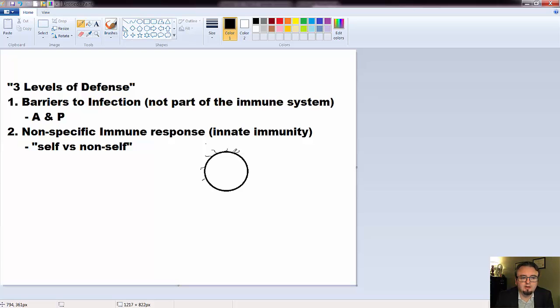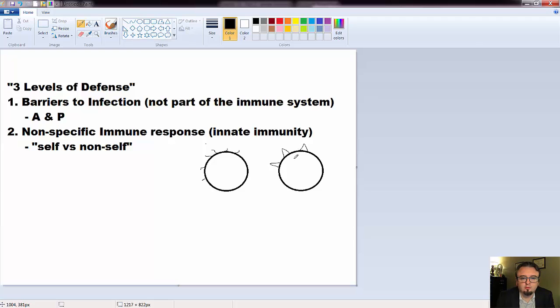So for example, just doing a real basic drawing here, your body has cells that will have very specific receptors that are identical to your own body. So they might look like a kind of triangle shape, something like that here. Obviously, to clarify, they don't actually look like that at all, but it would have a unique shape to it.